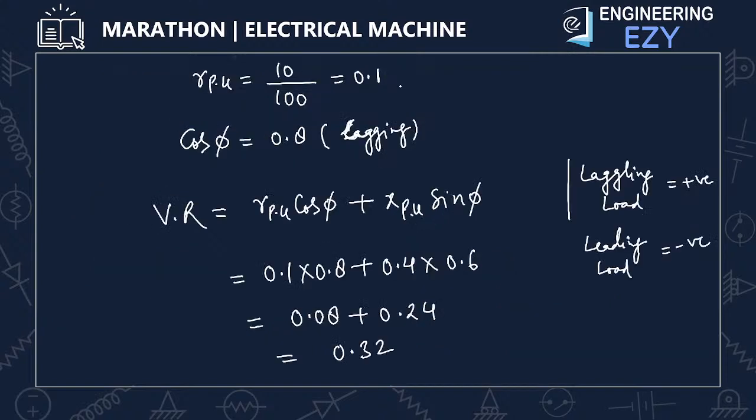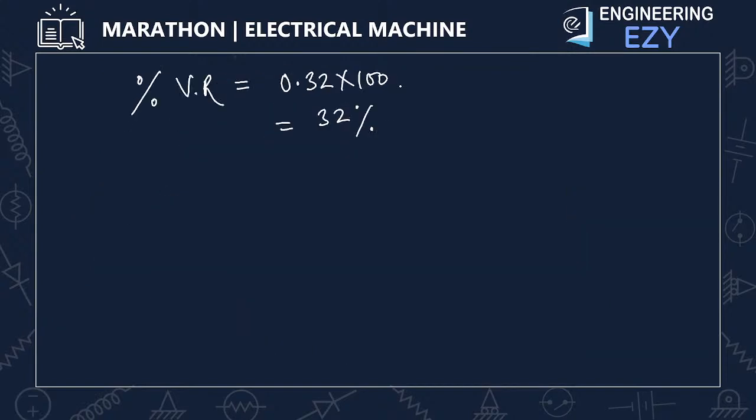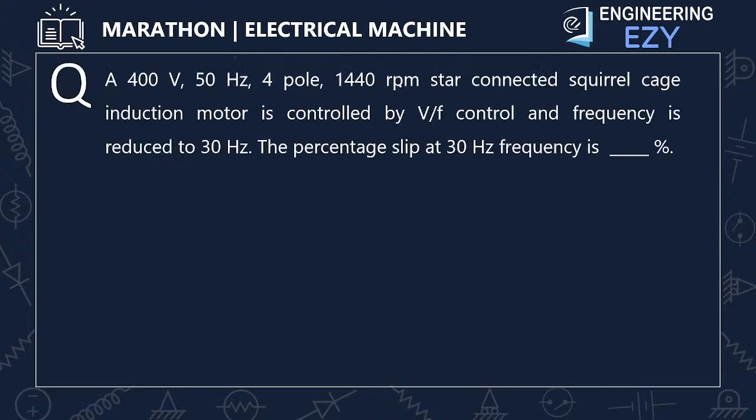Okay, moving to the next question. A 400 volt, 50 hertz, 4 pole, 1440 RPM star connected squirrel cage induction motor is controlled by V by F control. You must know the concept of V by F control, and the frequency is reduced to 30 hertz.